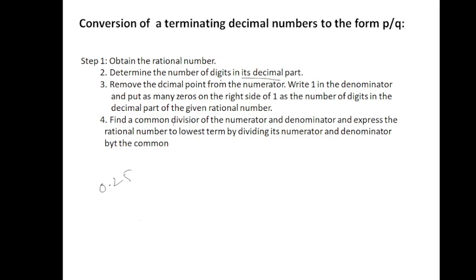Here there are 2 digits in its decimal part, 2 and 5, so 2 digits. Then remove the decimal point from the numerator.